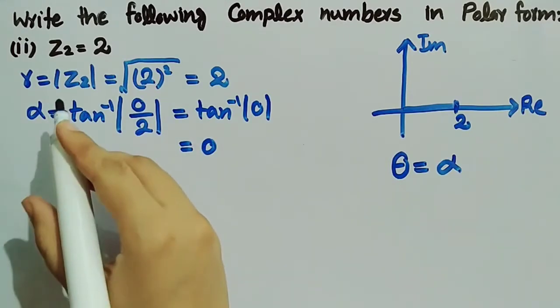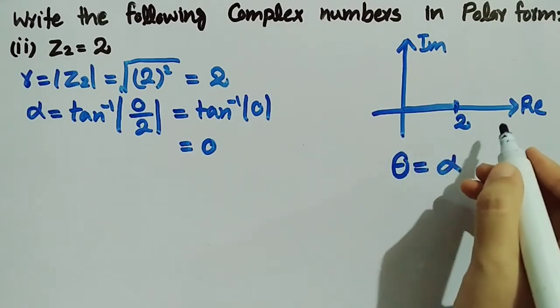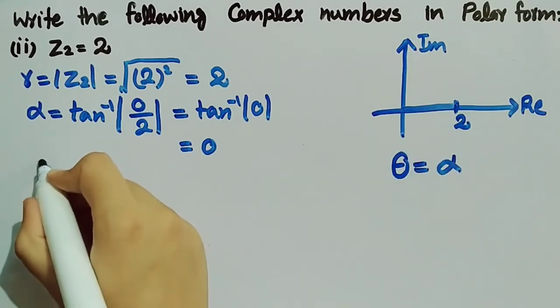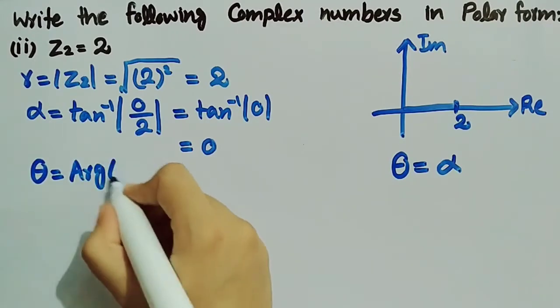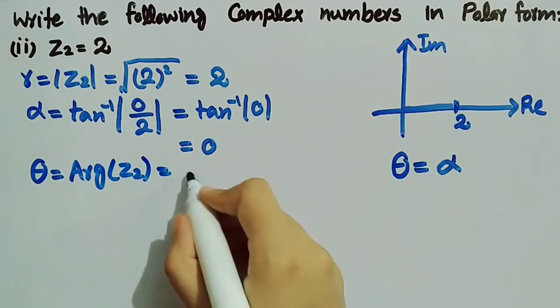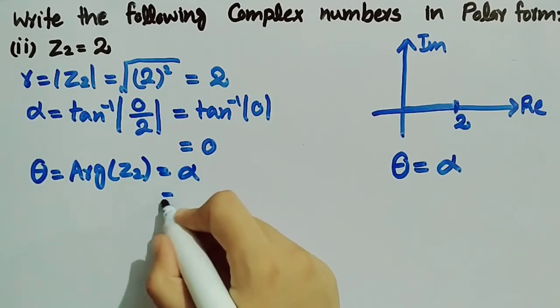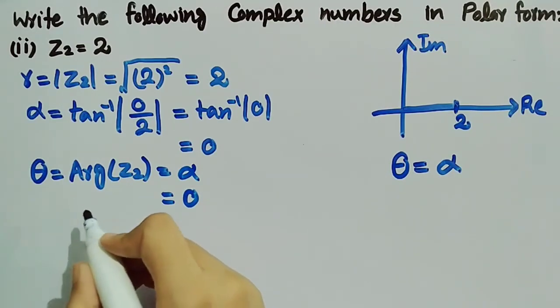Since the complex number is on the positive real axis, the value of theta, which is the principal argument of z2, will be equal to alpha, which is equal to 0. So the principal argument of z2 is equal to 0.